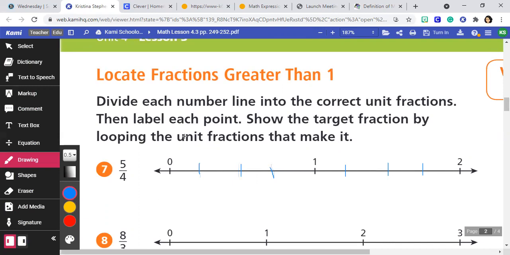Okay, don't forget that. So we've got 0, 1/4, 2/4, 3/4, 4/4.